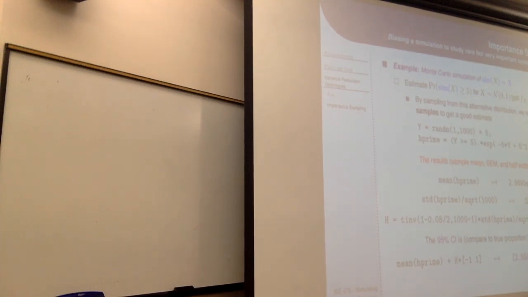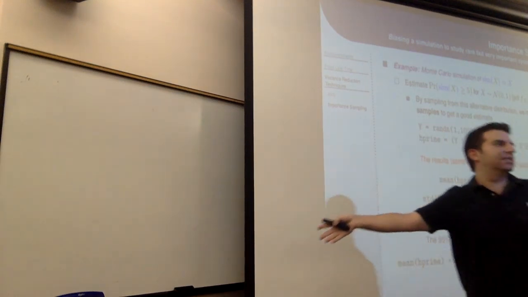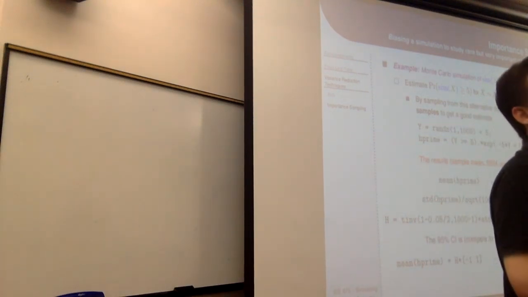This mean plus or minus that half width is going to include the actual mean, so the actual mean is captured there. So with only 1,000 replications of my nuclear reactor simulation, I'm able to estimate this extremely tiny probability just by making my inputs pathologically biased and then correcting for that bias afterwards.